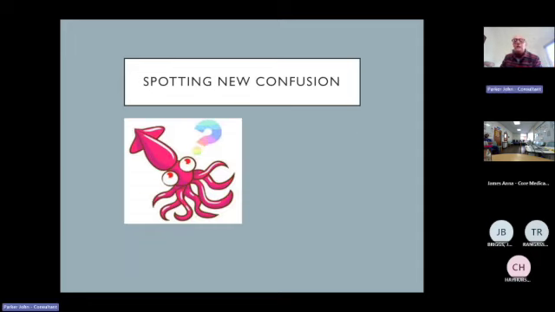As I mentioned, new confusion can be missed. So we should all do something called the SQUID, which is a single question to identify delirium. And we're supposed to ask families or carers of the patient, is their patient more confused than usual? Just that, that's it. So in other words, we find out from the nearest and dearest of the patient, is this their normal behavior or not?